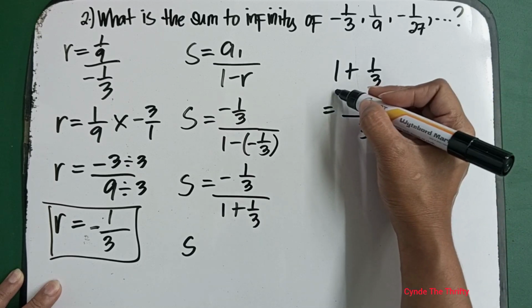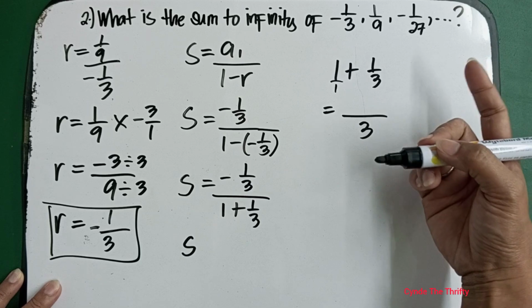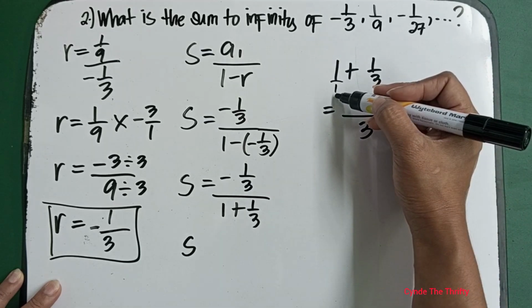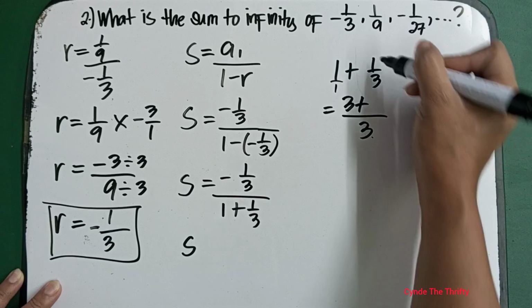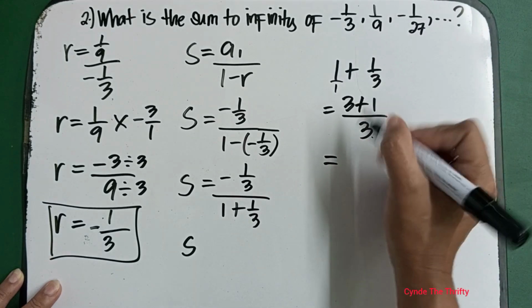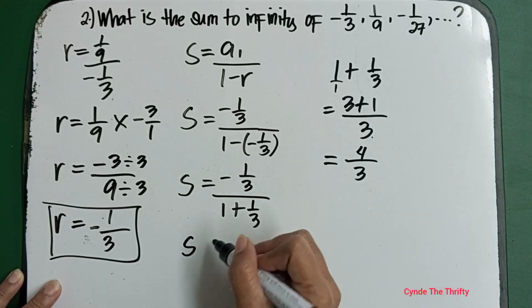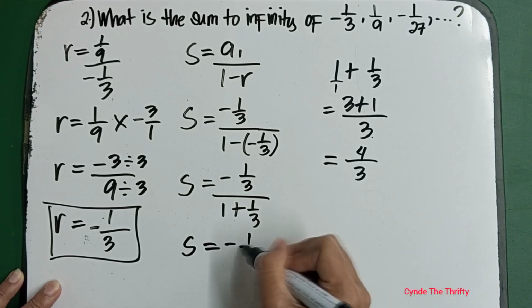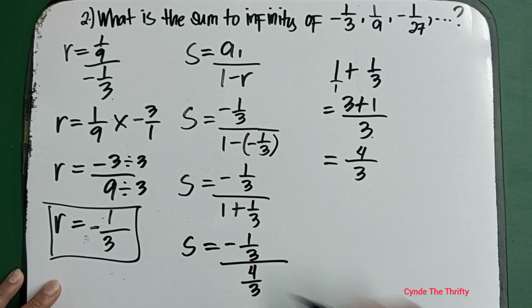So, 3 divided by 1 na denominator ni 1, invisible. Isipin mo na lang na invisible. So, 3 divided by 1 is 3 times 1 is 3 plus 3 divided by 3 is 1 times 1 is 1. So, over 3, 3 plus 1 is 4. Okay, so, negative 1/3 over 4 over 3.